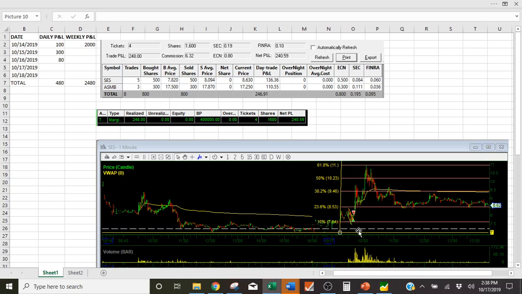So I got in on Fib, yes, and I came out. I'm not sure if you can see. I came out on VWAP just to be sure. But this stock rallied way up, and yes, I missed it. And yeah, that was just a mistake that I made today. I probably should have waited for it to at least hit the 23.6% fib, but oh well, I'm still in the green, and green is good.